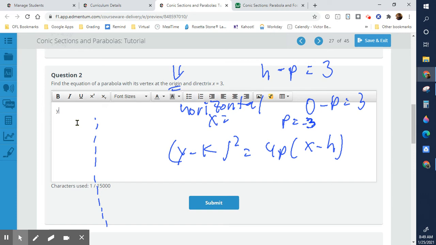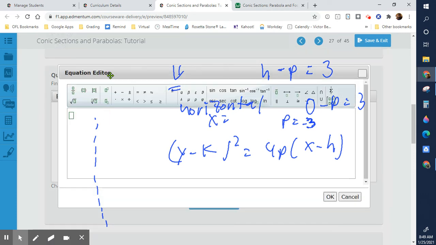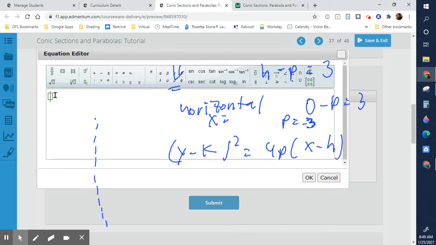y. Oops. And again, use the equation editor. We're going to get this y squared equals -3. Oh, you know what? I'm going to plug it in. 4 times -3 x.